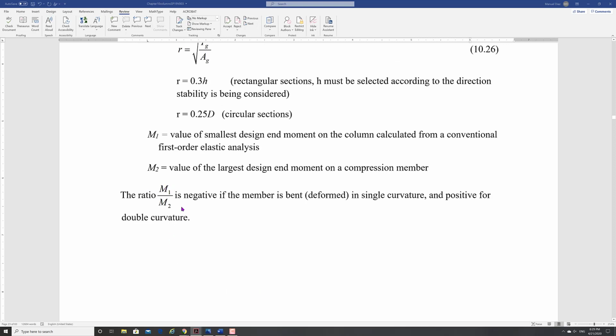And this ratio is considered negative if the member deforms in a single curvature, and positive if the member deforms in double curvature.